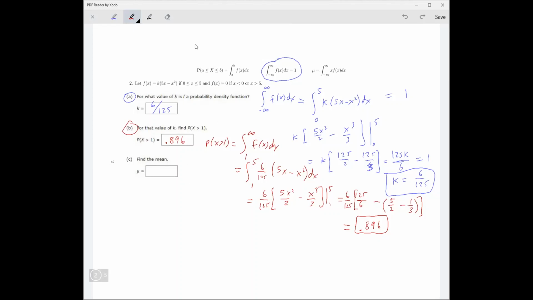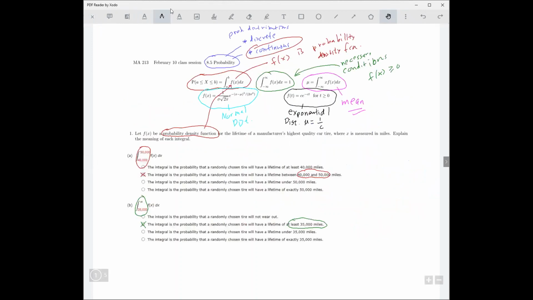Now, one thing to remember is probabilities are always between 0 and 1.